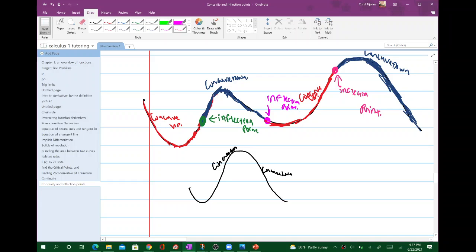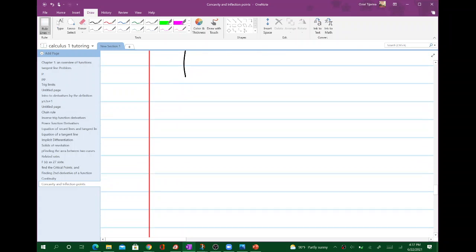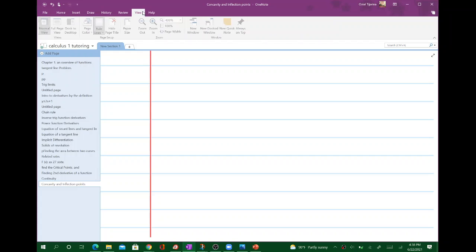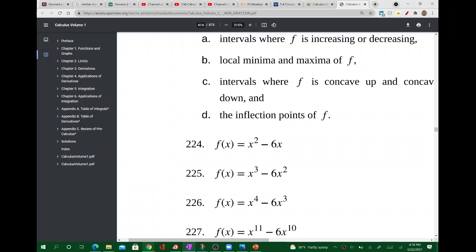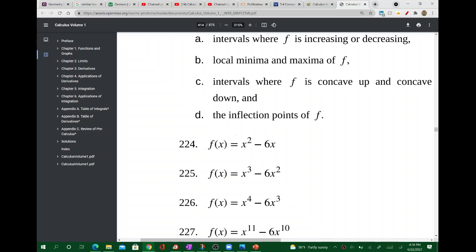That's honestly the best way that I can explain it. The main thing is we don't have to focus too much on the graphical definitions. It is very important to know, but the more important part is knowing how to algebraically find them. And that's what we're going to do in this video.